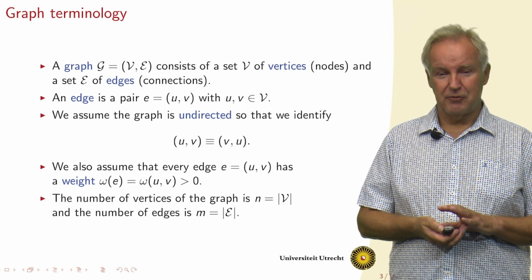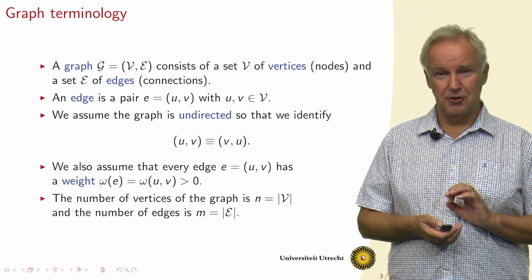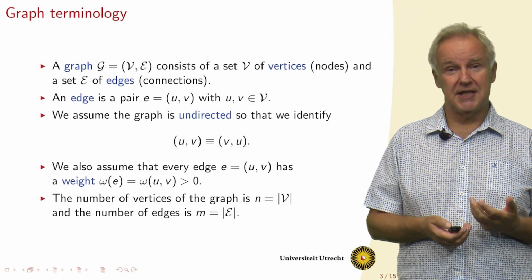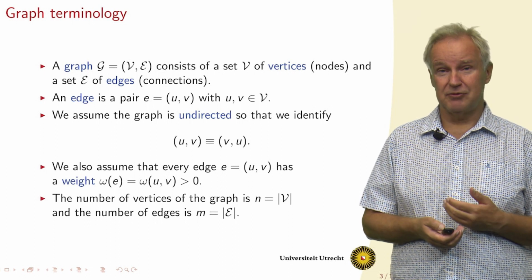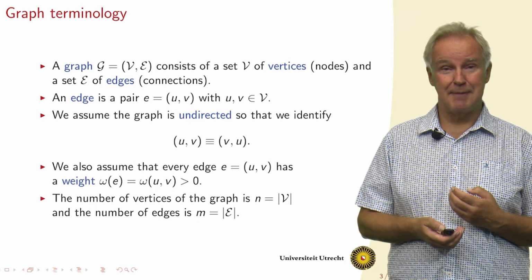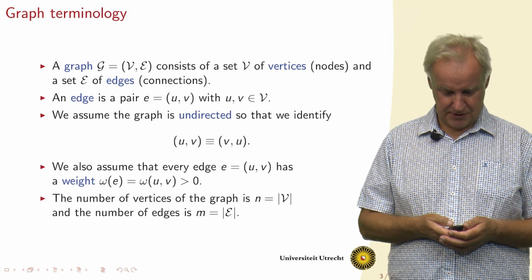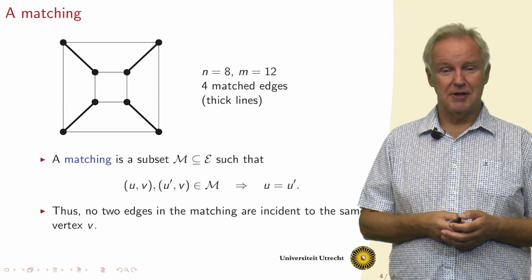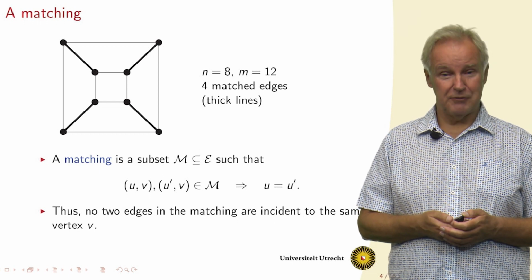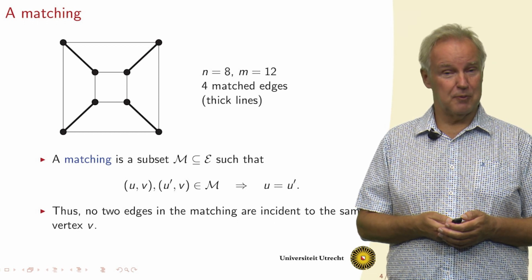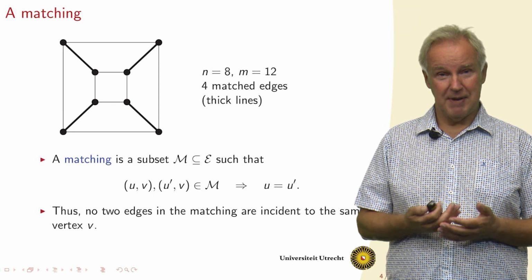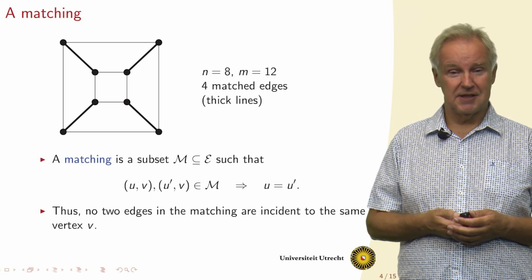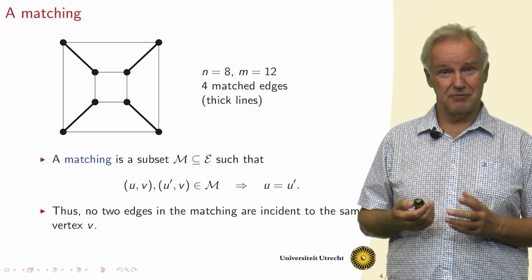And furthermore, we use the common notation of n for the number of vertices and m for the number of edges. This is an example of a matching in a graph. We have 8 vertices, we have 12 edges, and the matching is defined as a subset of the edges.